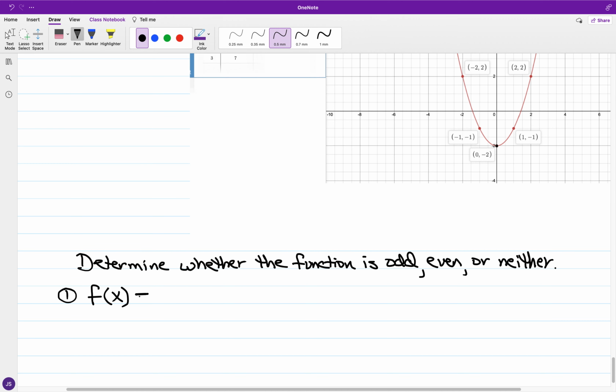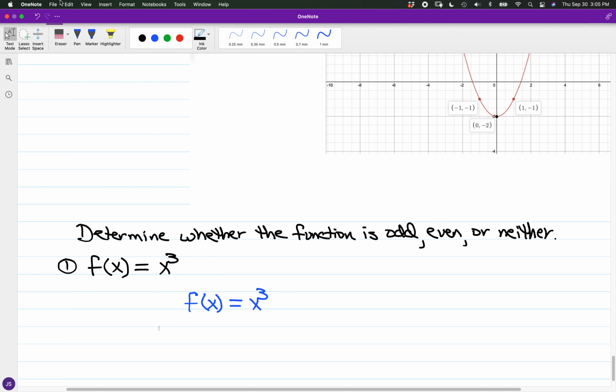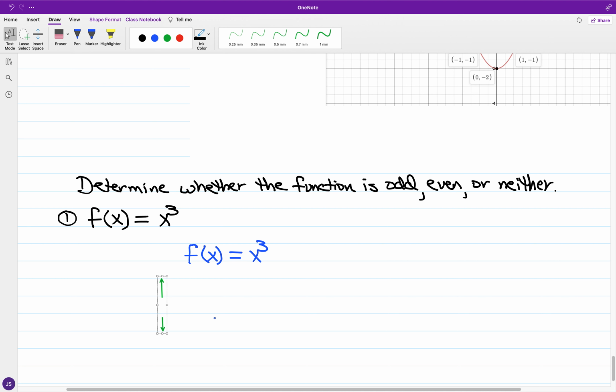So if I have f of x is equal to x cubed, and just plugging in the input as negative x, I have f of negative x.